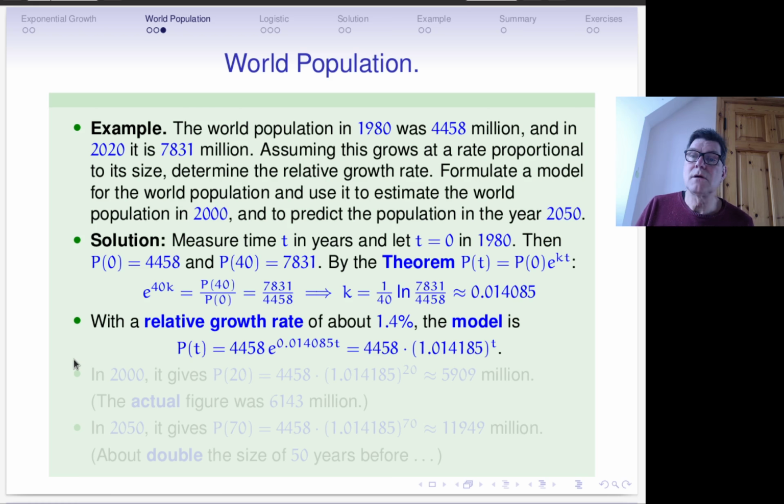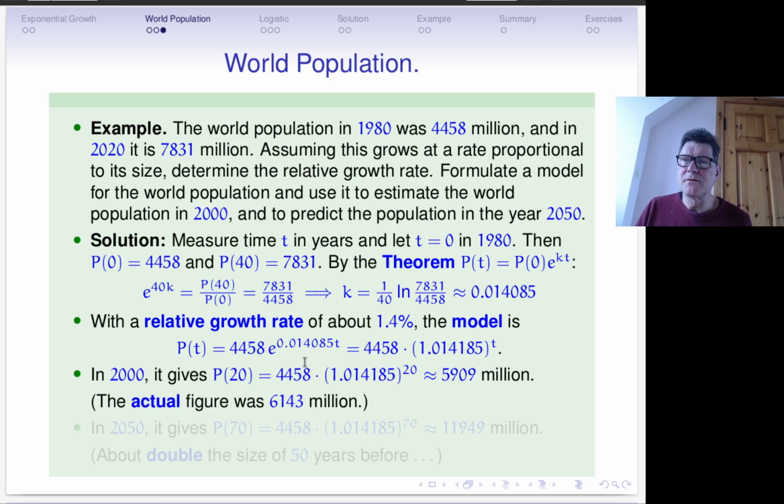And with that under our belt, we can compute from the given data the world population in 2000 by substituting 20, which is the t value relative to 1980 of 2000, evaluating P at 20. Now substituting 20 in the formula gives 5,909 million for the year 2000.